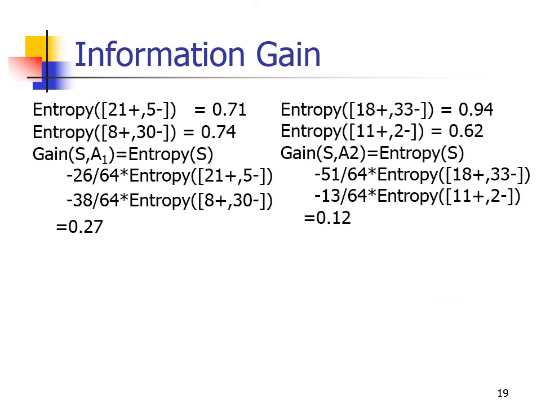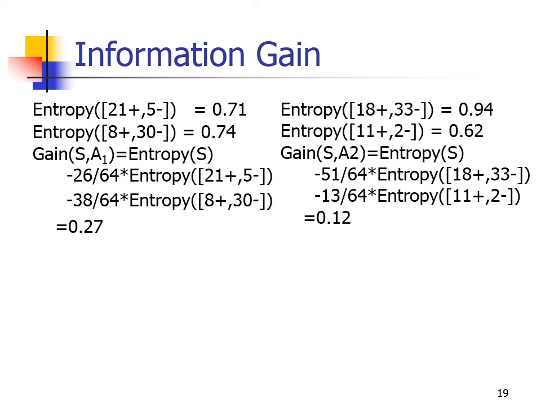For example, for the two cases, we find that the one on the left case has the highest information gain of 0.27, whereas the one on the right has lower information gain of 0.12.